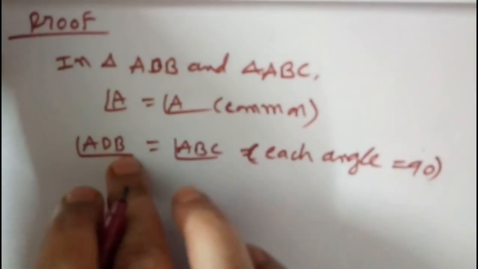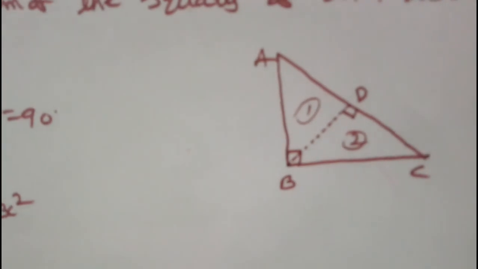So two angles are equal. By AA similarity, triangle ADB and triangle ABC are similar.